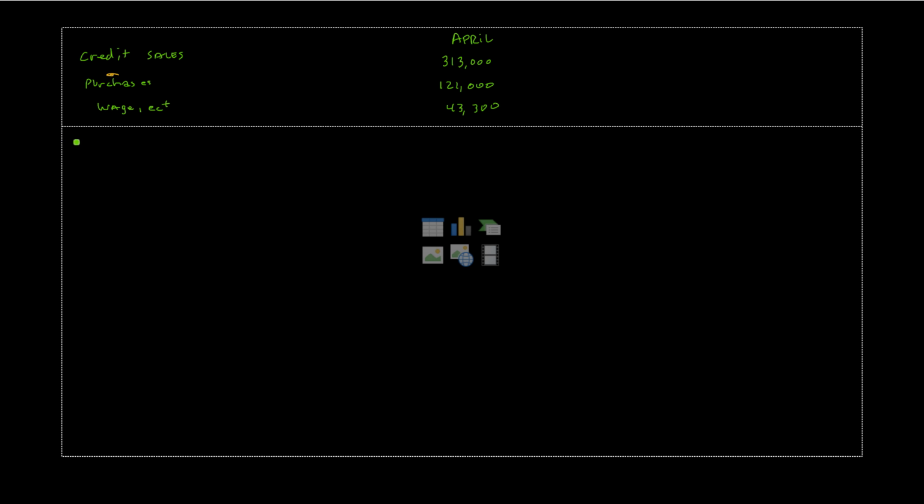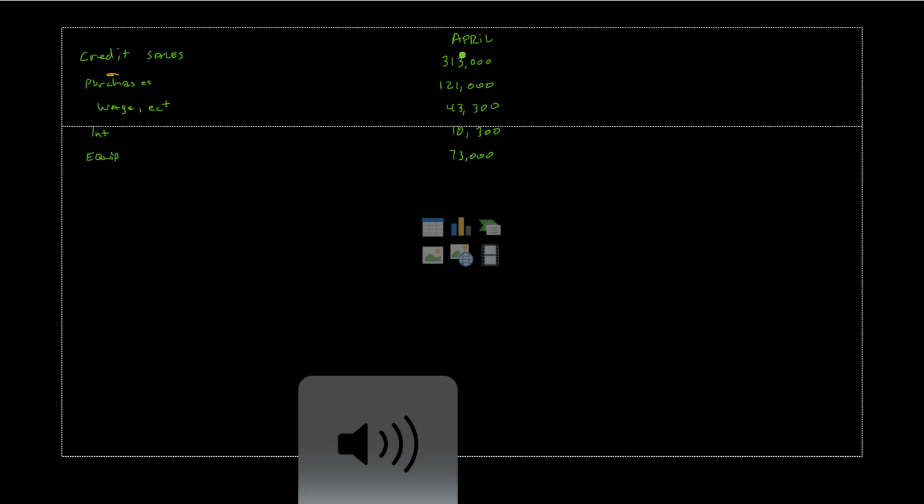They give us the interest, which is 10,300, and they give us equipment purchases, which is $73,000. This is everything we do in April.